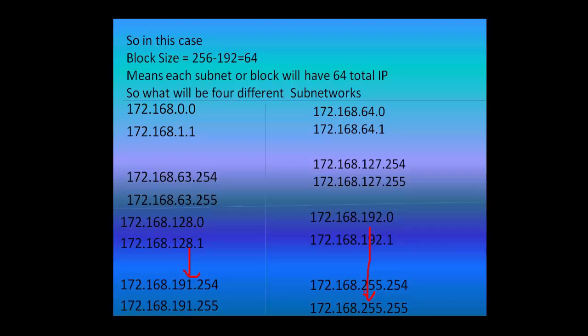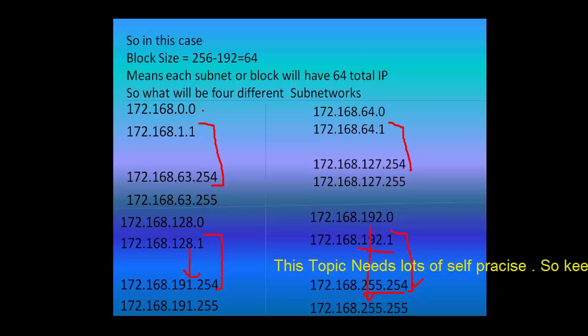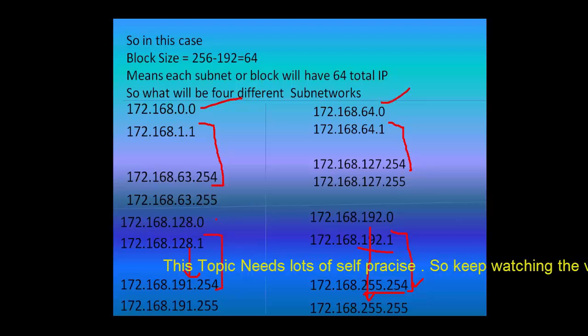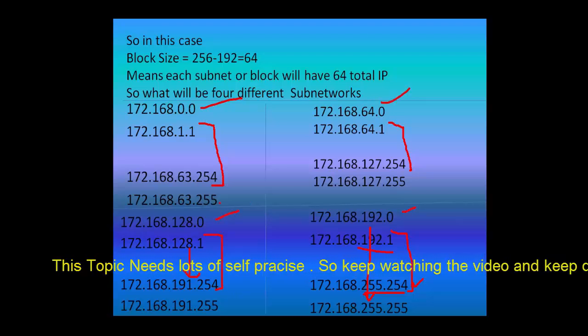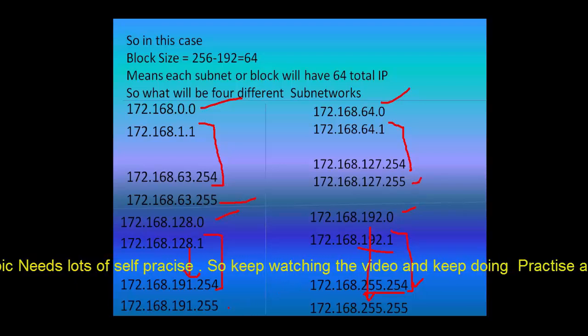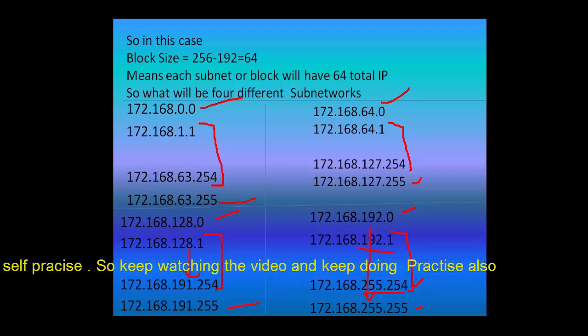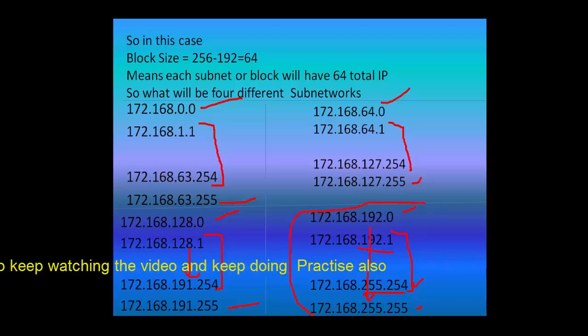As I told you, if a single bit is on, that is also a valid IP. If a single bit is off, that is also a valid IP. Means the IPs coming in between are valid IPs. Network ID, network ID, network ID, network ID. Broadcast, broadcast, broadcast, and broadcast. So now each block has its own network ID, each block has its own broadcast IP.